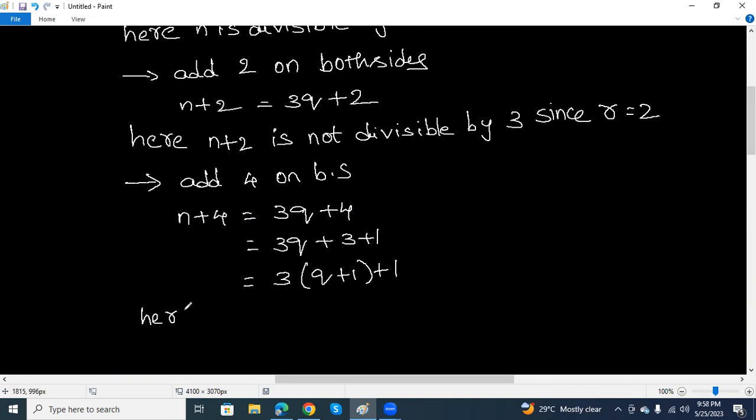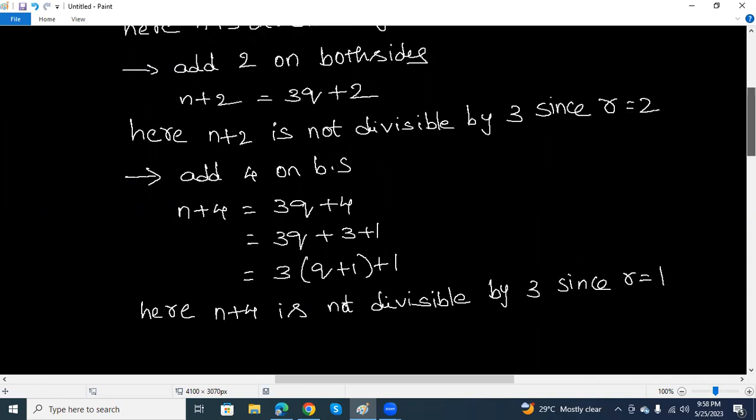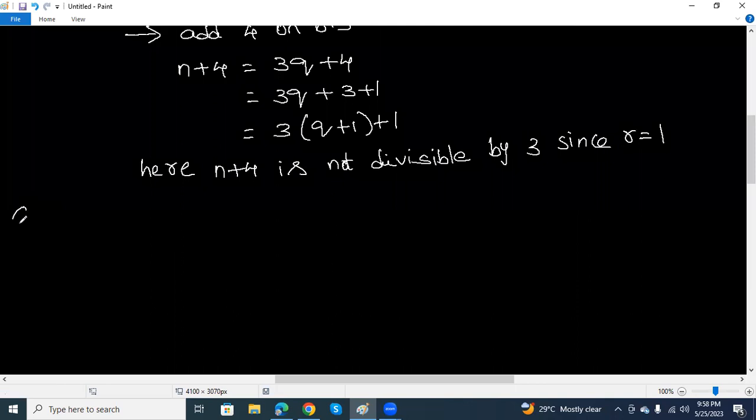Here n plus 4 is not divisible by 3 since the remainder is 1. This is case 1.